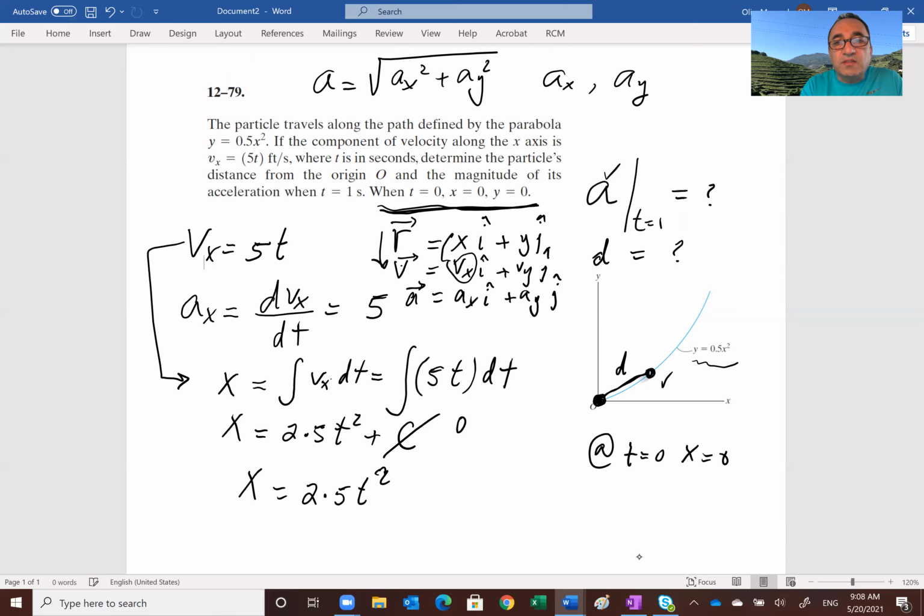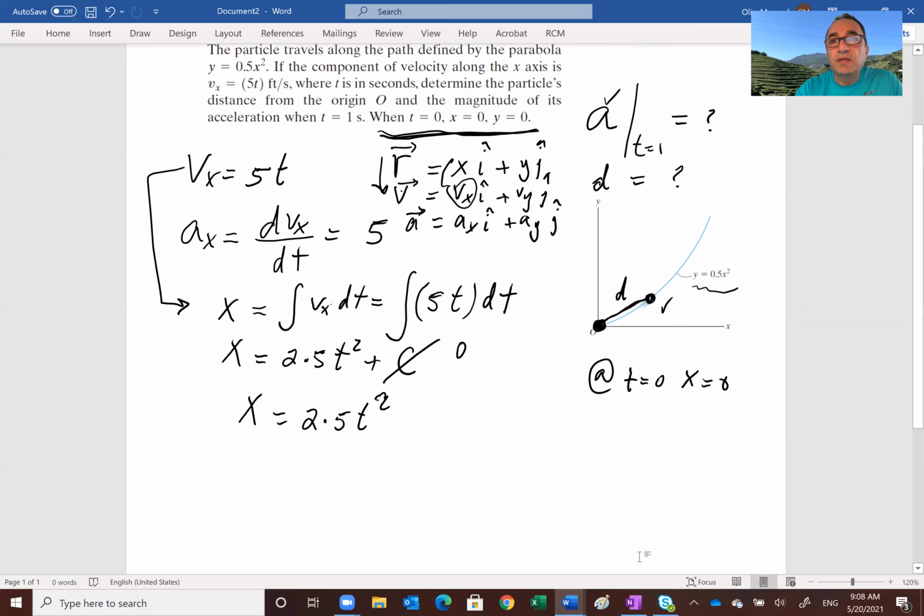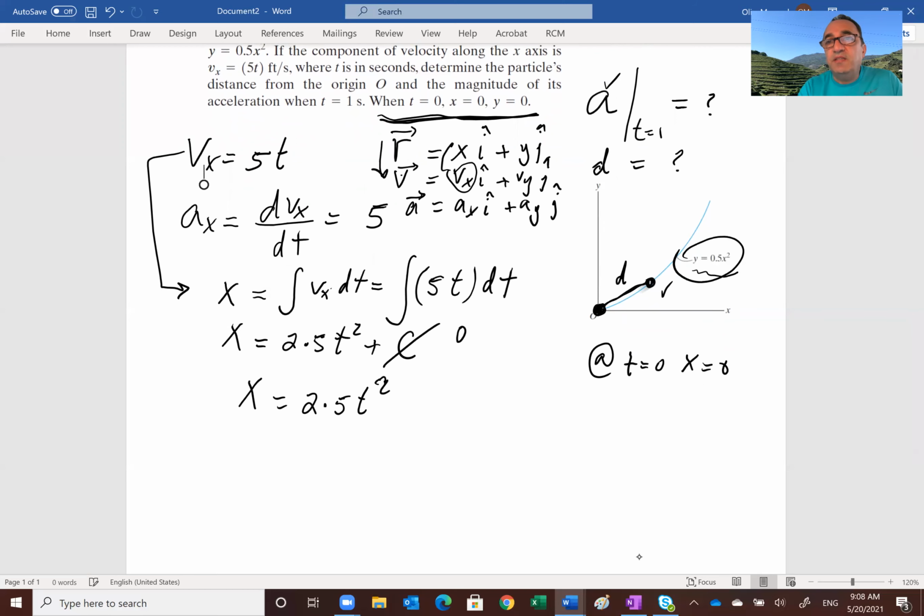Why did I get x? Because now y is related to x, guys. Look, y, according to the path, is 0.5 x squared. So y becomes 0.5 of 2.5 t squared, squared. Be careful, guys. 2.5 squared is 6.25. Half of 6.25 is 3.125.